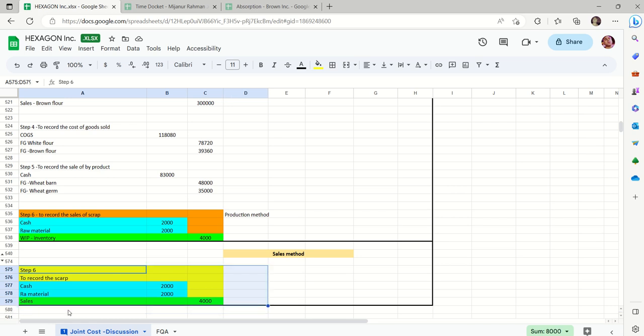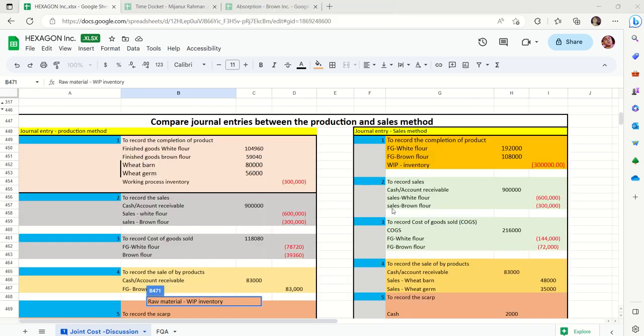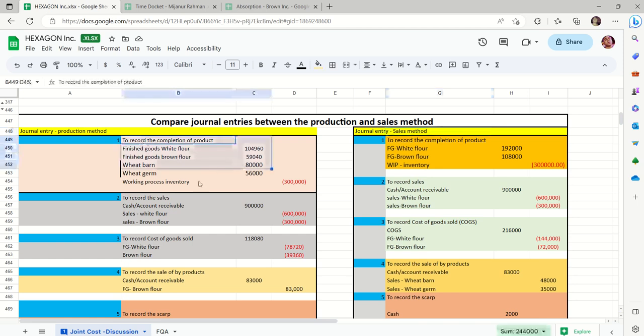You debit cash and raw material, and you credit sales. Perhaps I can show you side by side. So now we compare the journal entries. This is for the production method and this is for the sales method. You can see the two lines that are different. Only the sales method fully allocates the joint costs to the main products. The production method allocates the joint costs to both byproducts and finished goods.